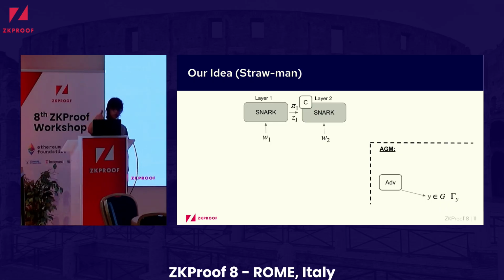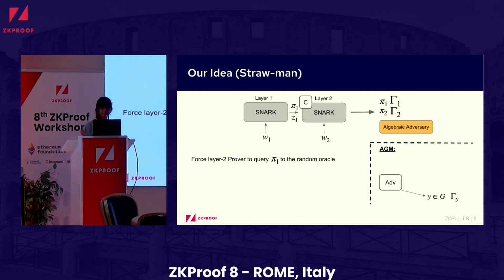Here the layer 2 snark is proving whatever it's proving, which I'm signifying with this circuit C. So this is the actual output, pi 2. If I could just output even the intermediate proof, pi 1, directly, because it's an algebraic adversary, it would give me all the representations I wanted, so I can do the reduction. But of course, you don't want to output it explicitly.